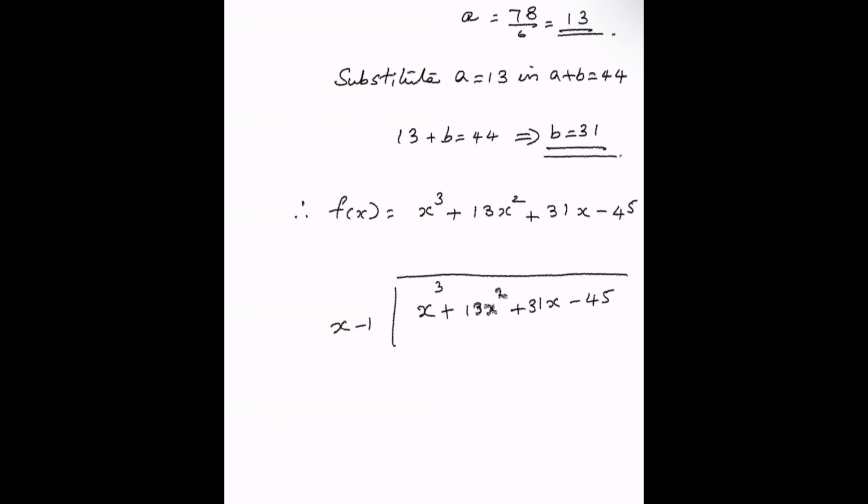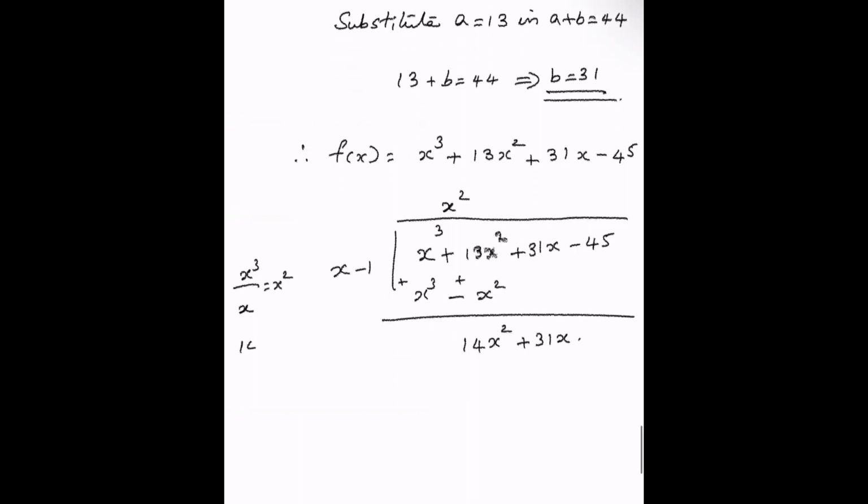When I divide x cube by x, I get x square. So x cube minus x square, plus 31x. Now 14x square divided by x would be 14x. So 14x times x minus 1 would be 14x square minus 14x. Change the signs. So what do you get?